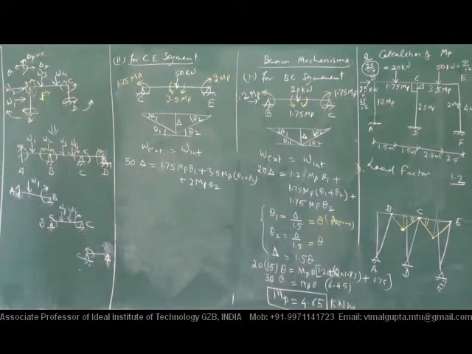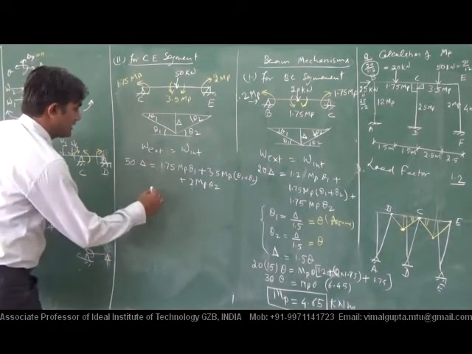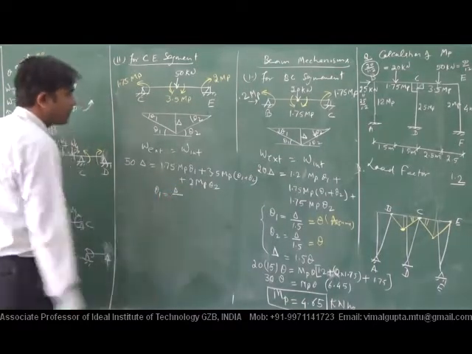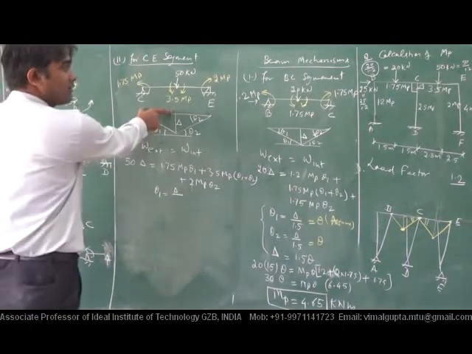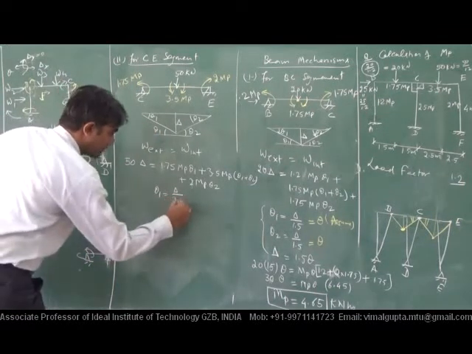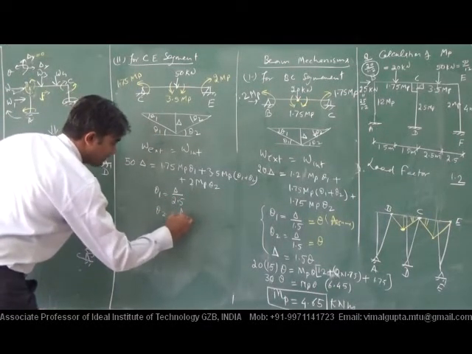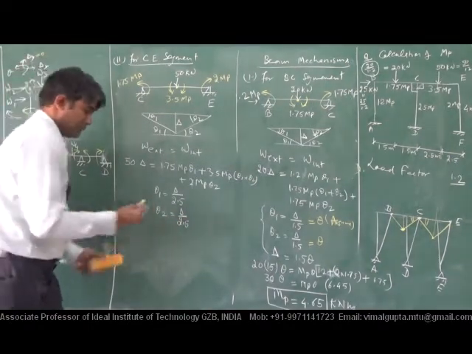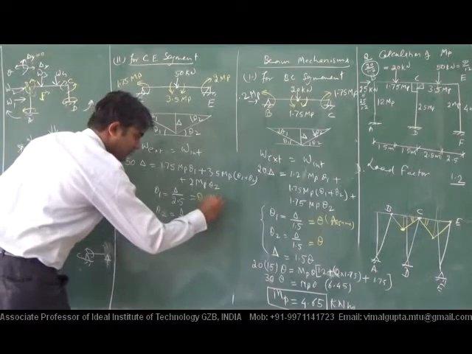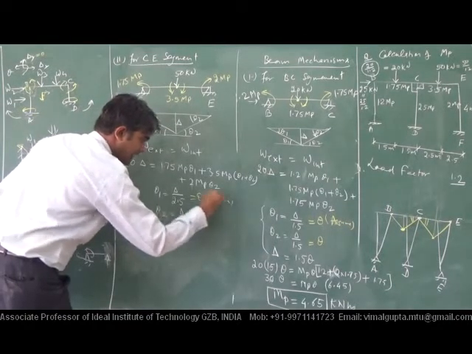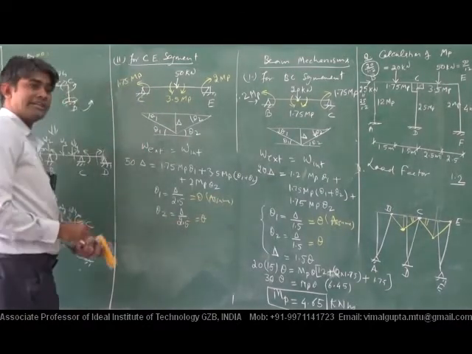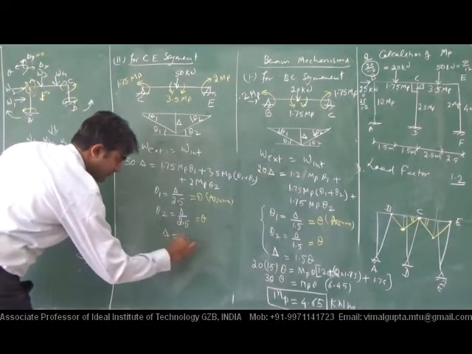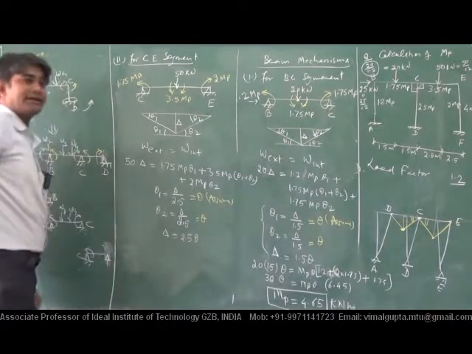Now you can eliminate the value of theta 1, theta 2 and delta. So the value of theta 1 will be delta by 2.5, and the value of theta 2 is also the same. So assume it is theta, then that value will also be theta, and the value of delta will be 2.5 times theta.